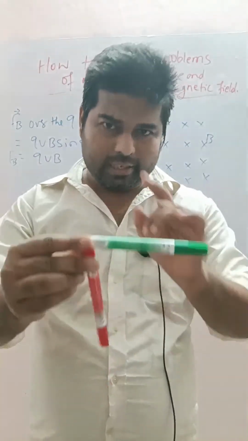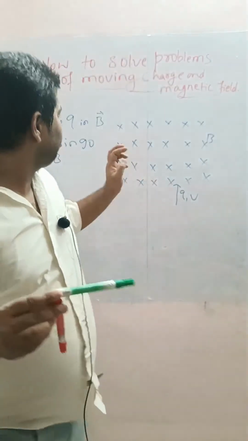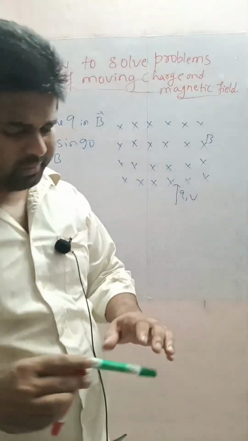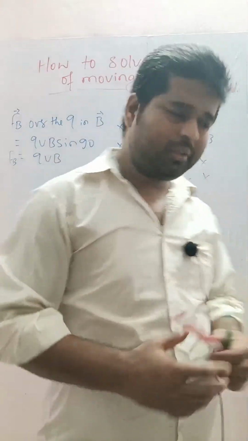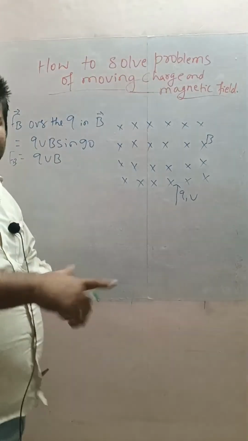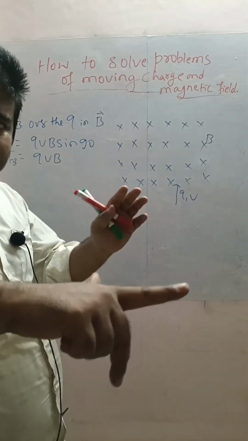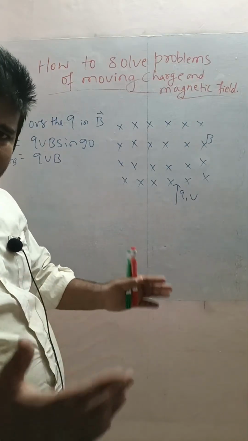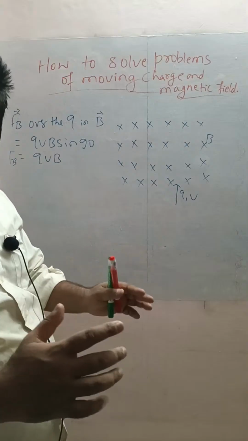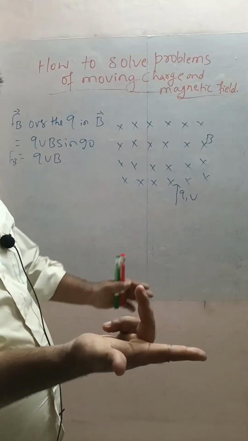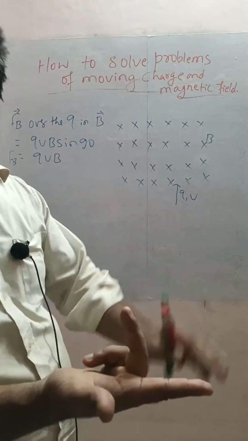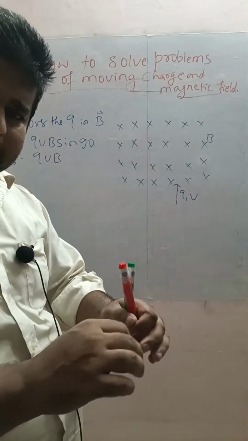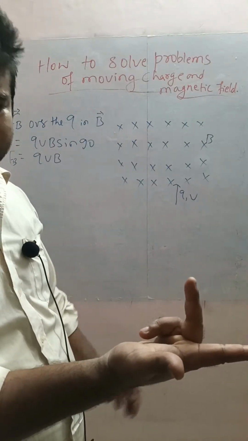and remember one thing, this formula works for a positive charge. If your charge is positive, in that case this works, and this will show you the direction of force. If your charge is negative, in that case you have to switch it. Find the force on a positive charge with the same magnitude and then invert the direction.